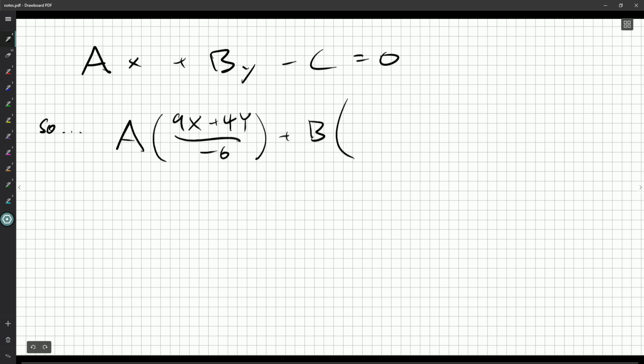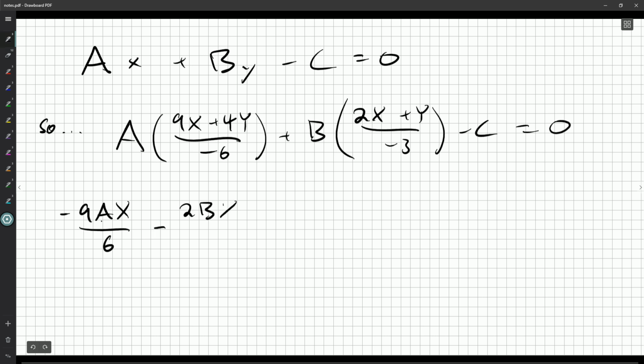And then we're going to expand this out and regroup the x's and the y's together. So we'll get minus 9ax over 6, just to get the minus sign out from the bottom, minus 2bx over 3. So there's my x's. And then we'll get minus 4ay over 6, minus by over 3, minus c is 0.